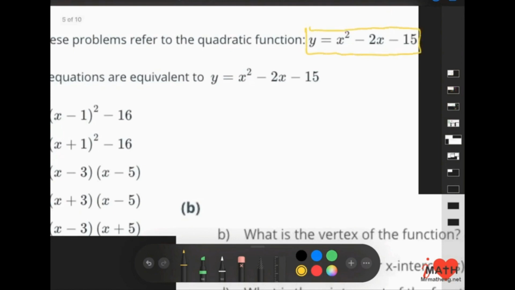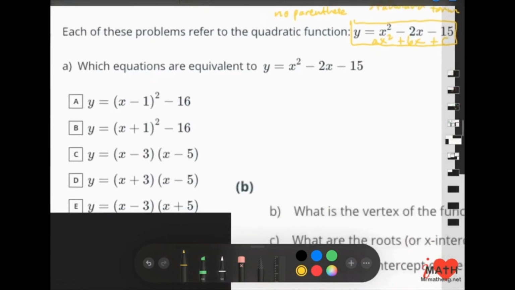It has no parentheses. So this is standard form. What is standard form? ax squared plus bx plus c.